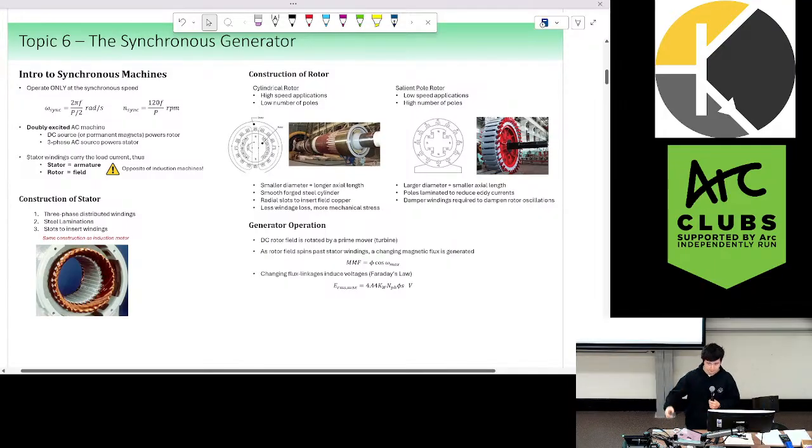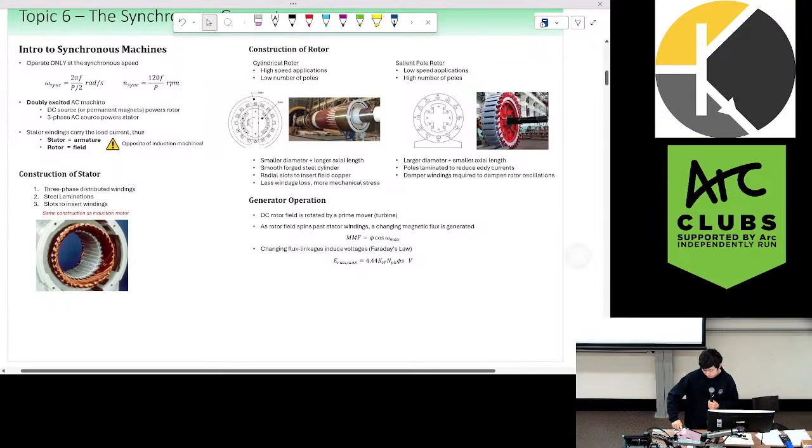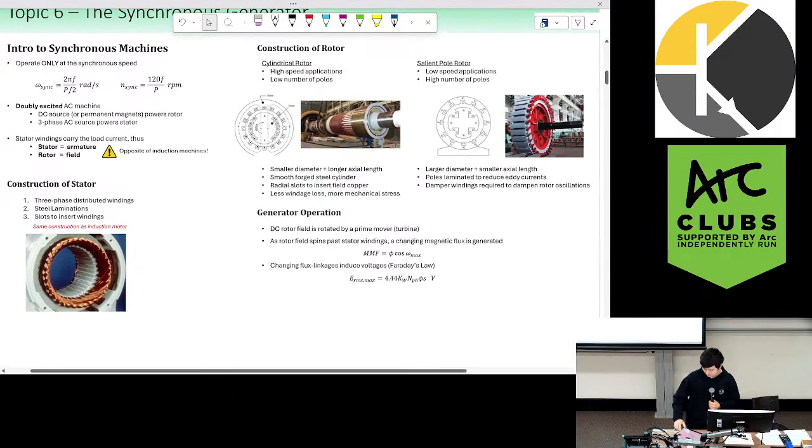We pretty much flip where the armature and rotor are. The stator is now the armature, and the rotor is now the field generator, which is fundamentally different from all of our previous renditions of motors. And yeah, it is our doubly excited motor or generator.